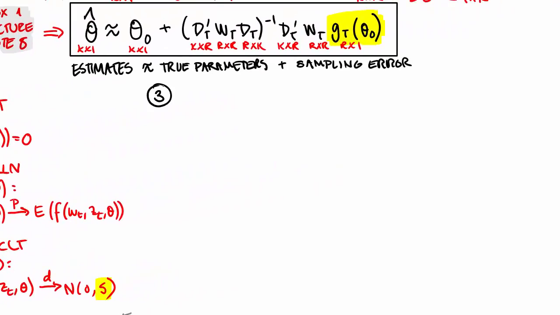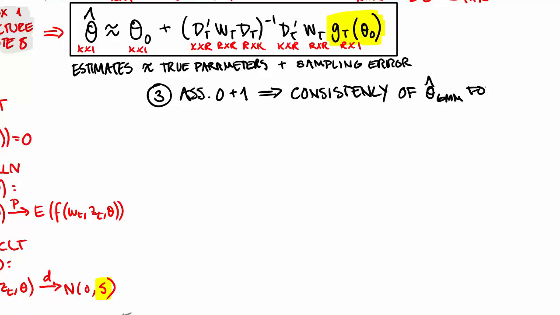We now look at the first result, that is that assumption 0 plus 1 implies consistency of the GMM estimator for any positive definite and symmetric weight matrix W_T. To understand the intuition behind the result, we look at the box that we have up here, and in particular we look at the last term, the sample moment evaluated in the true parameters theta 0.